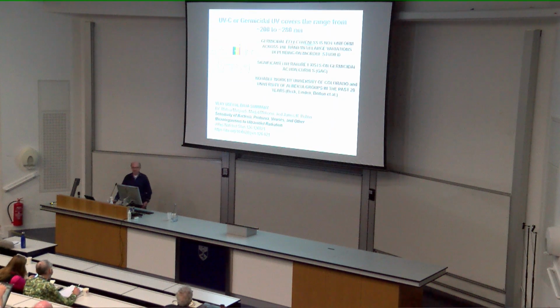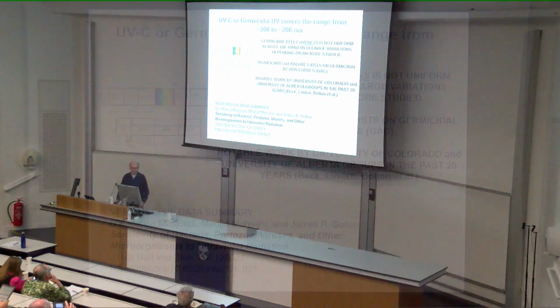Okay, so the UVC, or the germicidal band, is a very tiny fraction of the total electromagnetic spectrum. You're basically considering the range from about 200 to 280 nanometers. We've seen many talks today, and there's a lot in the literature about germicidal effectiveness. And the effectiveness is not uniform across the band, with large variations depending on the microbe that's being irradiated.